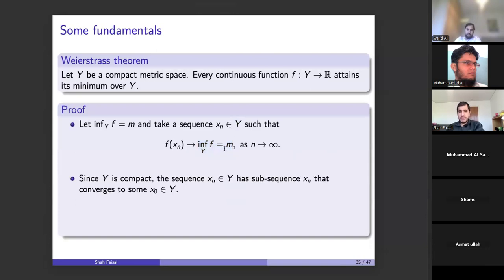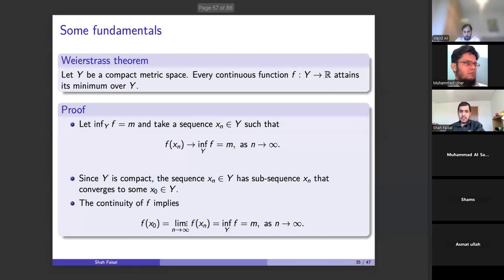Now, since Y is compact, the sequence that infimizes the function f must have a convergent subsequence, because every sequence in a compact space has a convergent subsequence. And therefore, it converges to some point x naught in Y. And therefore, the continuity of the function means that the limit of the function along the sequence equals the value of the function at that limit.